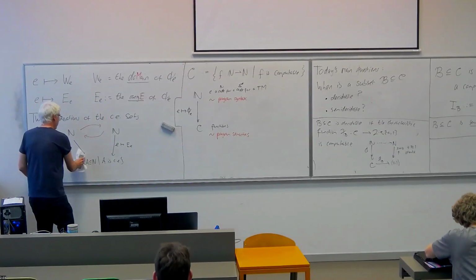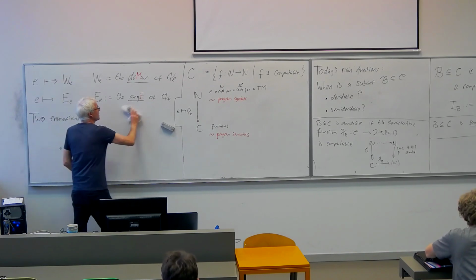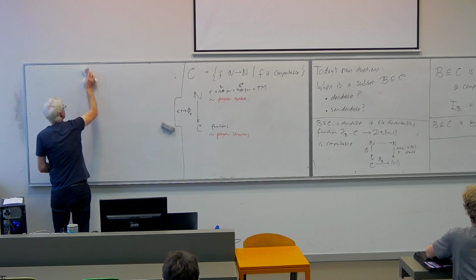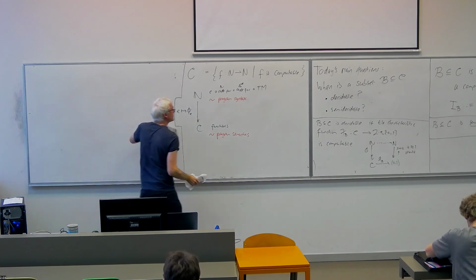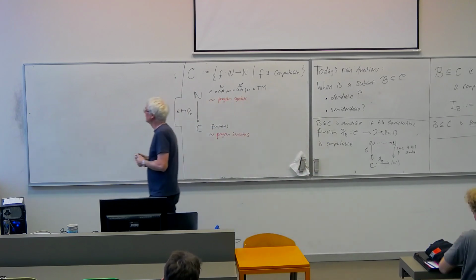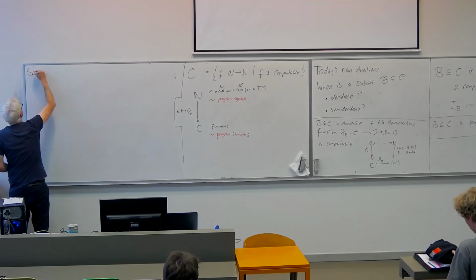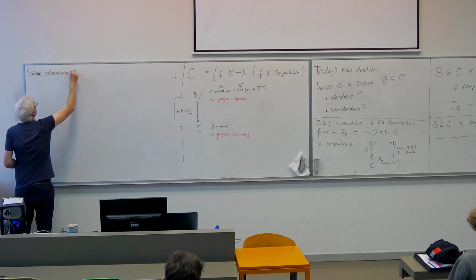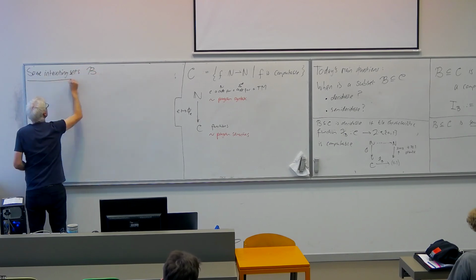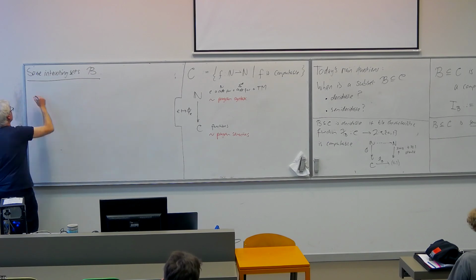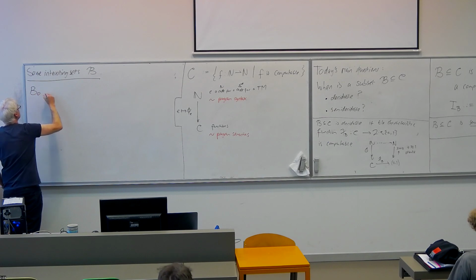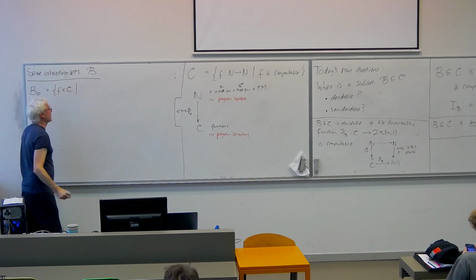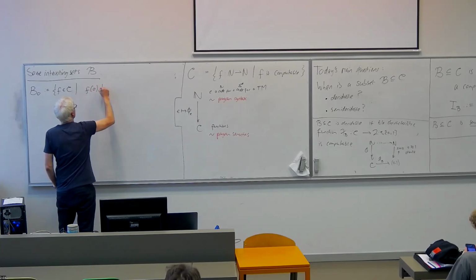Let's think about some interesting such specifications we might have, some interesting sets B. The first one, let's call it B0, is the set of those computable partial functions f such that f of 0 terminates.